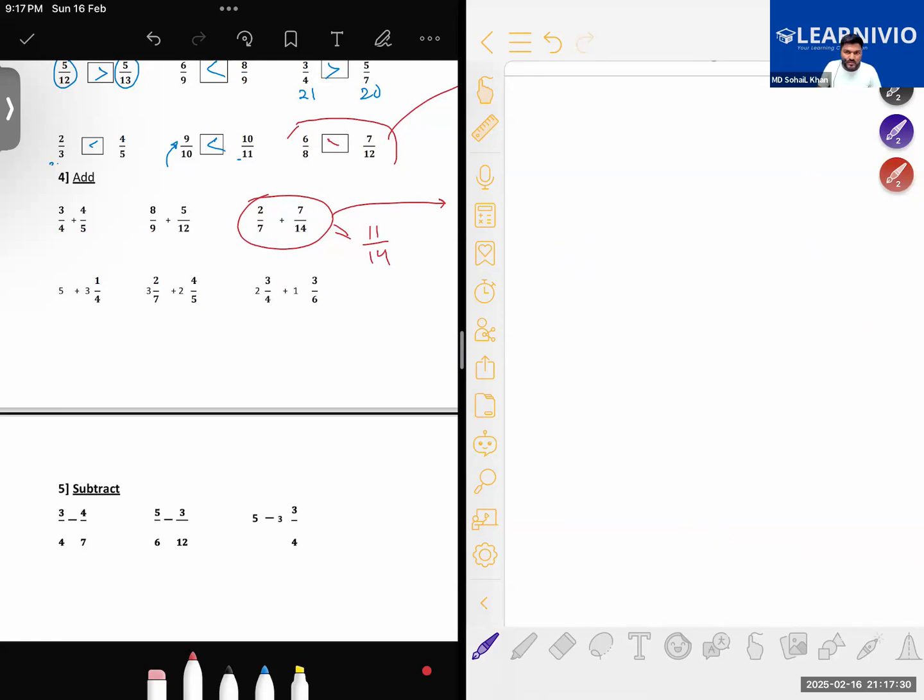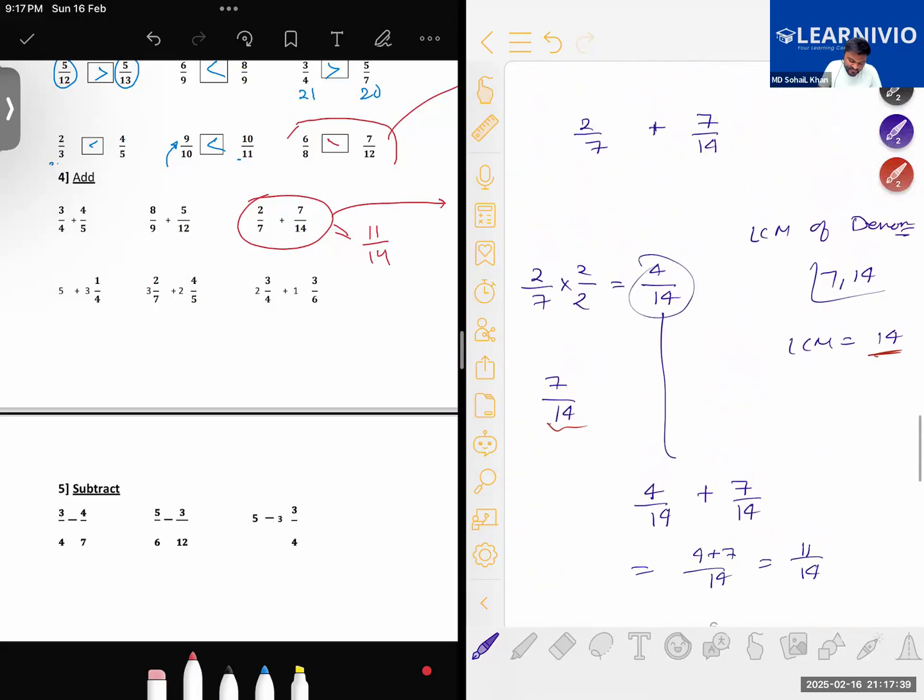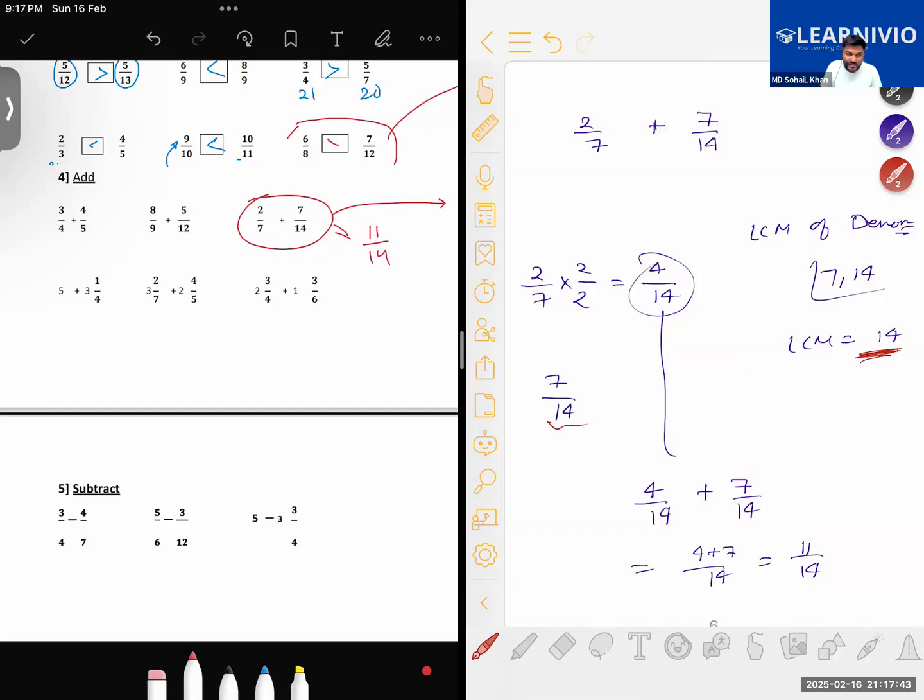Wait. First of all, we have to find the LCM of 7 and 14. That came out to be 14, which means we need to make the denominator equal to 14. Here it was already 14, so we didn't do anything to this. We left it as it is.